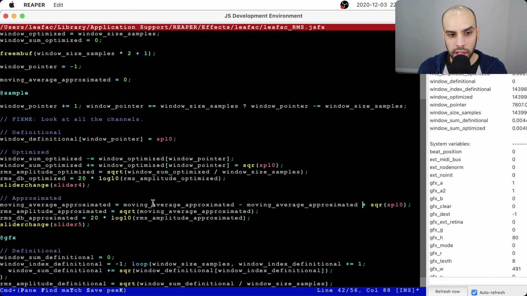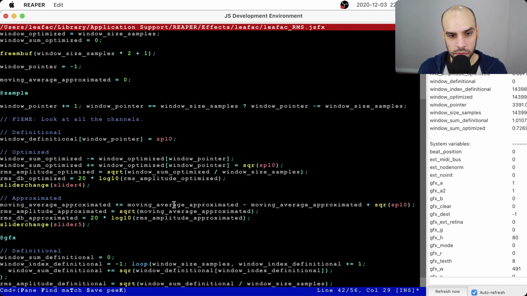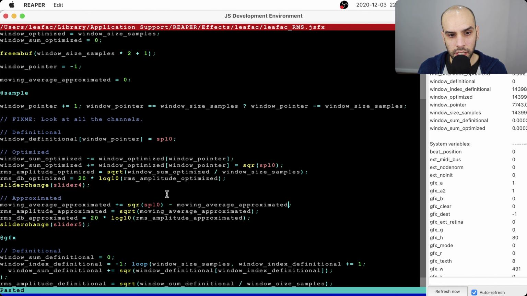Yeah, so I definitely am not doing anything here because I just am adding and subtracting myself, the moving average approximated. But we can rewrite this like so. This is adding, this is subtracting, so it comes here. Like so, yes. So this is another way of writing that.